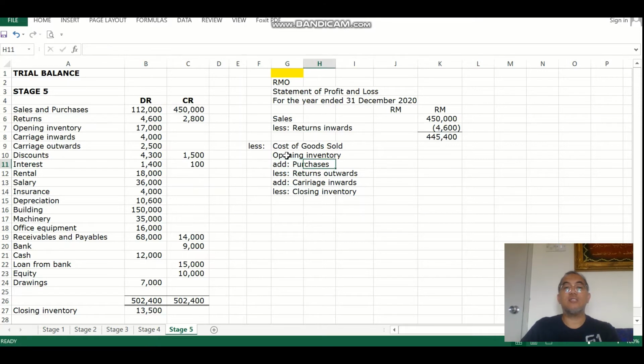So let us fill in. How much is our opening inventory? Opening inventory here is 17,000. Our purchases is at the debit side, okay, because here I put sales and purchases. So the purchases will always be at the debit side. There is 112.